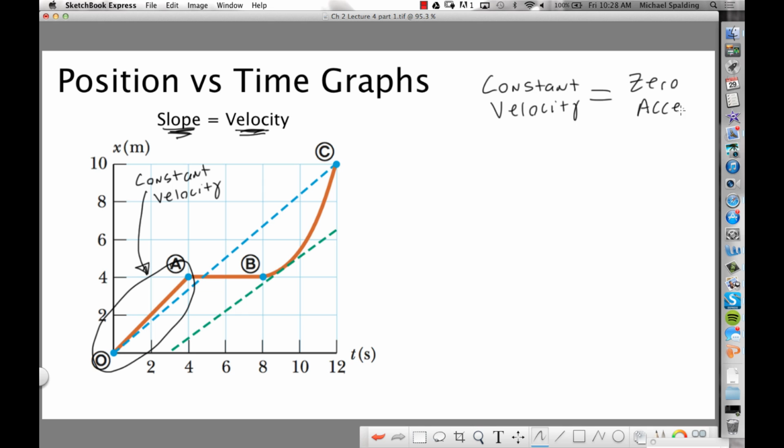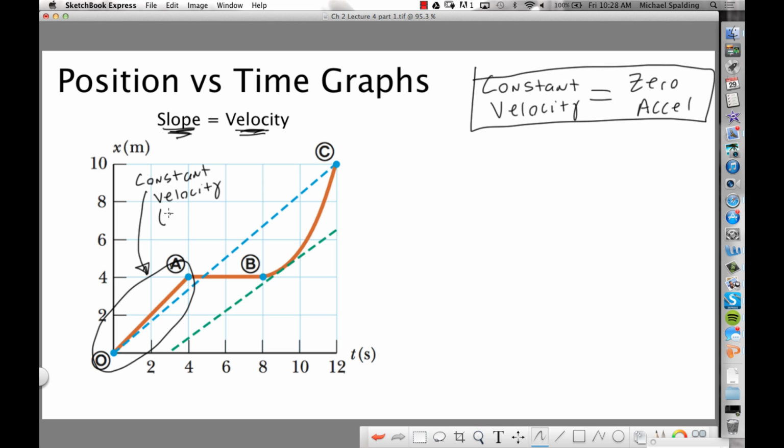This is very, very important. Constant velocity is the same as zero acceleration. And if you think about it, it's true. Look, I'm going to demonstrate for you. I am moving with constant velocity, right? Not going faster, not going slower. If I move with constant velocity, what's my acceleration? 0.